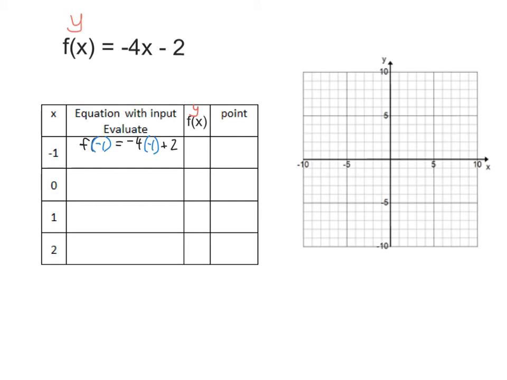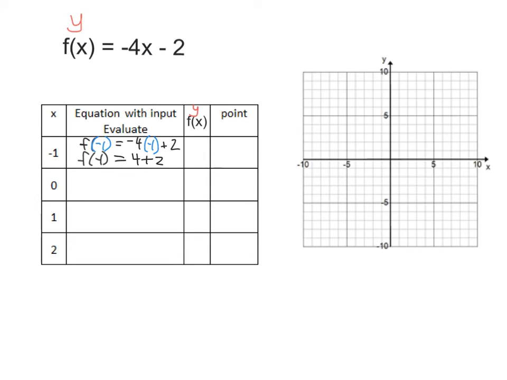So I hope you see that this is not different than the previous example. The only thing I've done a little differently is instead of y equals right here, I have f of -1, still inputting our x value here. So f of -1 equals -4 times -1, and a negative times a negative is positive, so this will be +4 plus 2.